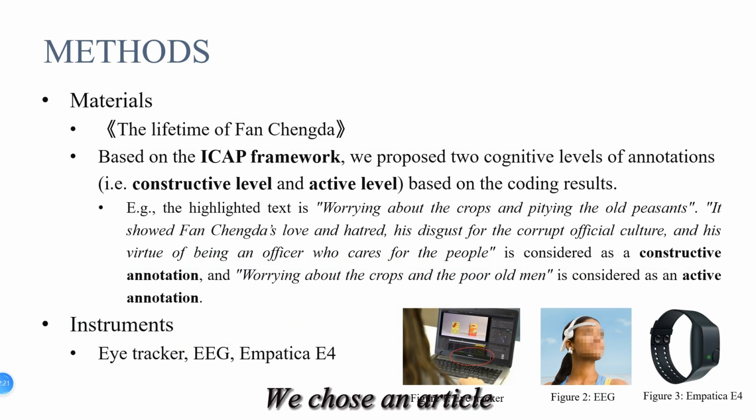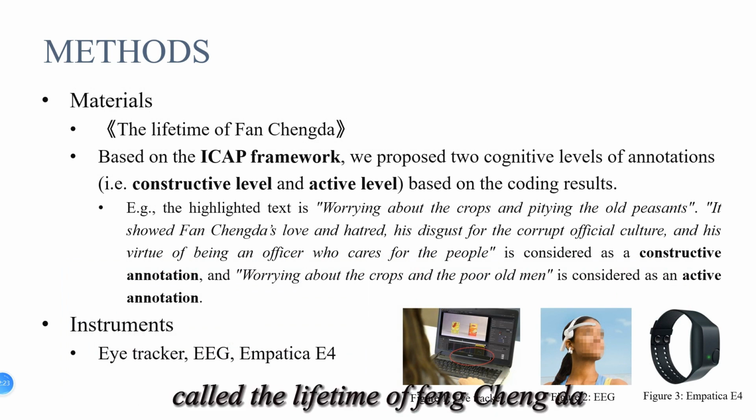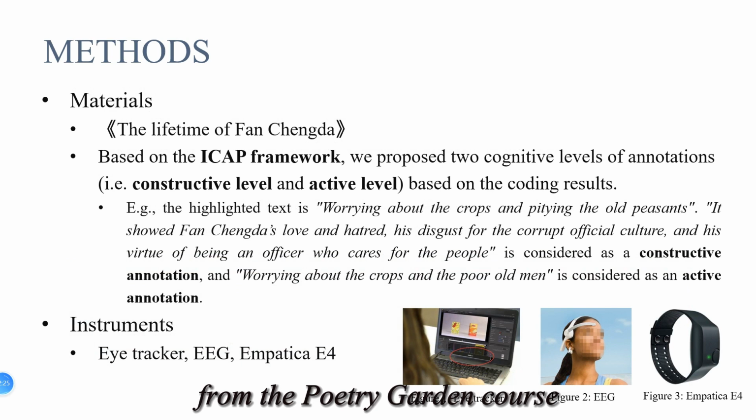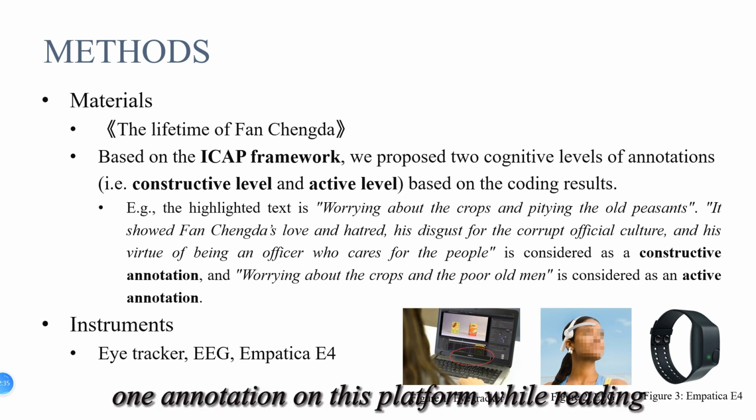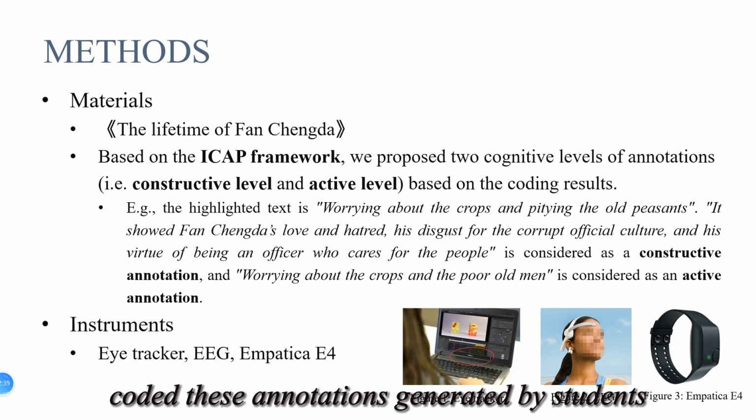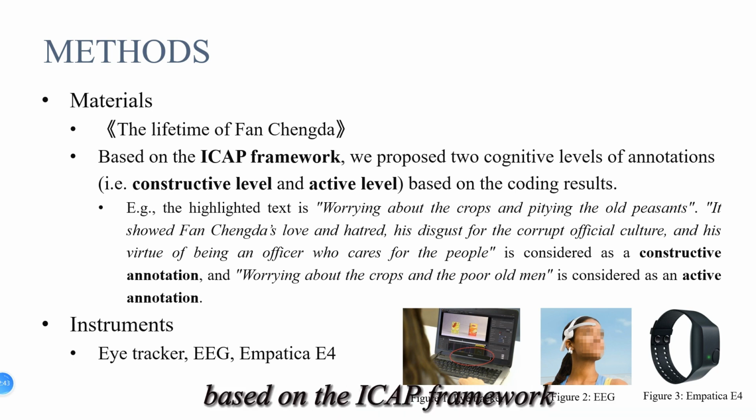We chose an article called The Lifetime of Fan Da from the Poetry Garden course at one of the universities in China as reading material. Most students made at least one annotation on this platform while reading. Two researchers coded these annotations generated by students in the course based on the ICAP framework.